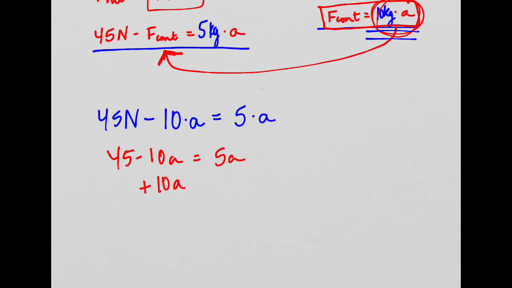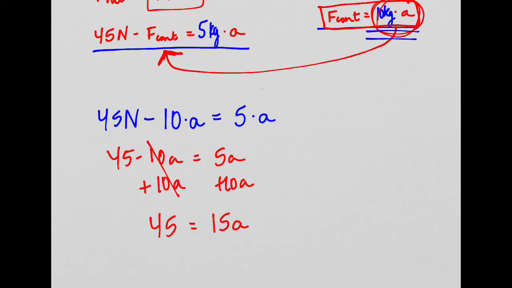If I add 10A to both sides, I cancel out my 10A here. I have 45 equals 15A, right? You could even think of this as 10x and 5x, right? We just have a different variable here. So now I have 45 equals 15A.